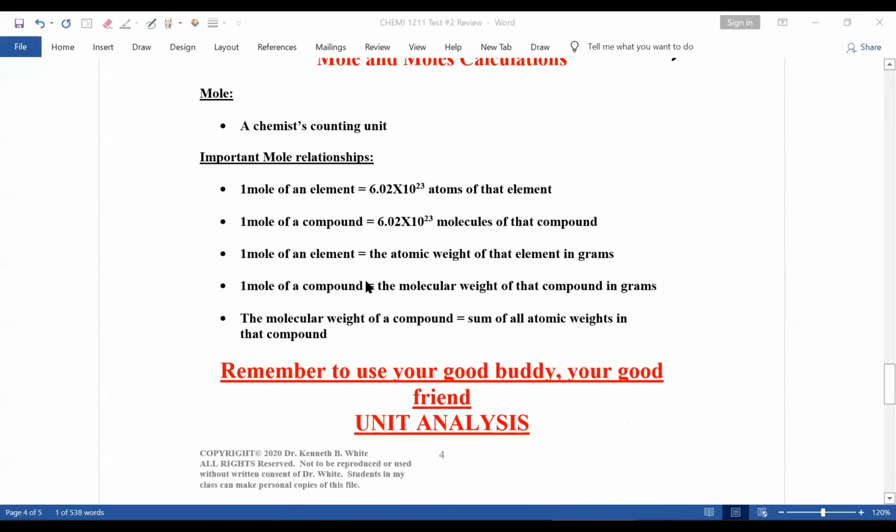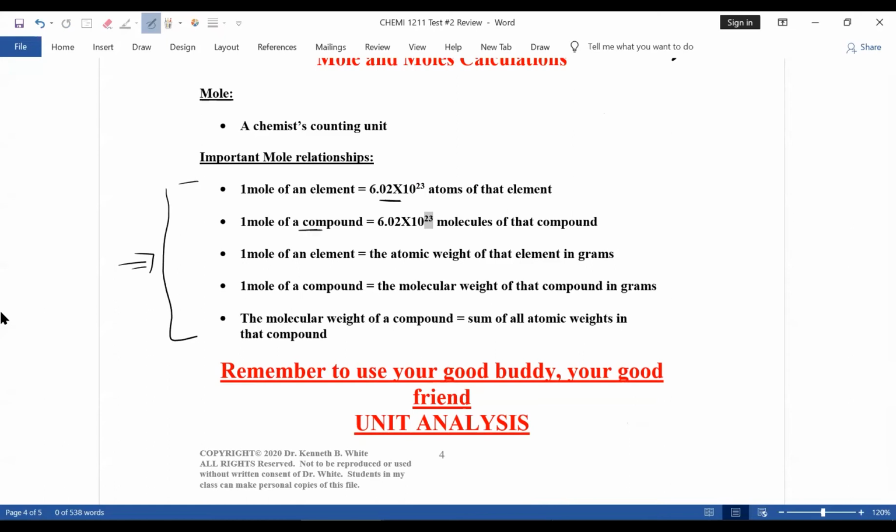All right, now, in the past, I would make students memorize this and use it on a test, but that's the past. Nowadays, this will be important information, but you should know how to use these. You should know a mole of an element equals Avogadro's number of atoms of an element.